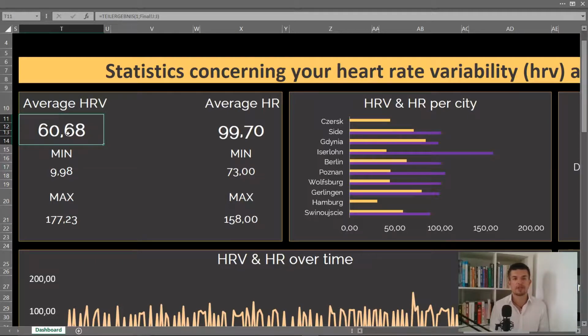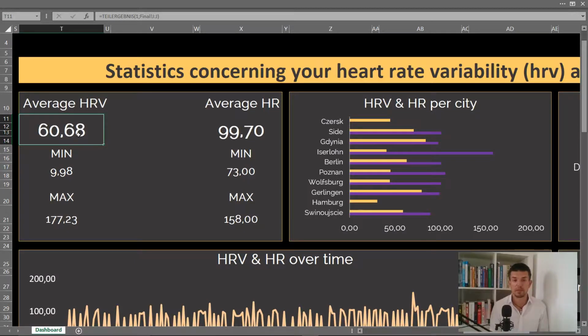But of course, gender and age are not the only factors which impact the judgment of a good or a bad heart rate variability. So you always have to contact your doctor and discuss heart rate variability with him or her, because what I'm saying here is just my interpretation of what is going on, and not necessarily a physically and medically right interpretation.